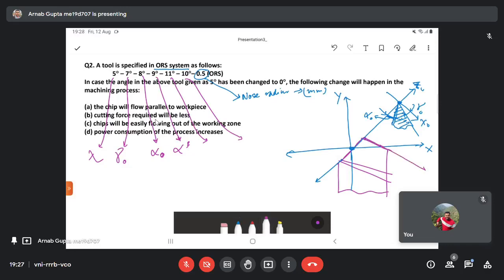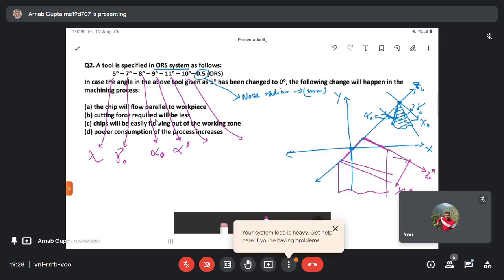So same, if you draw another orthogonal plane, say Z O, for auxiliary I am writing A. Similarly, this is X O A. This is perpendicular.